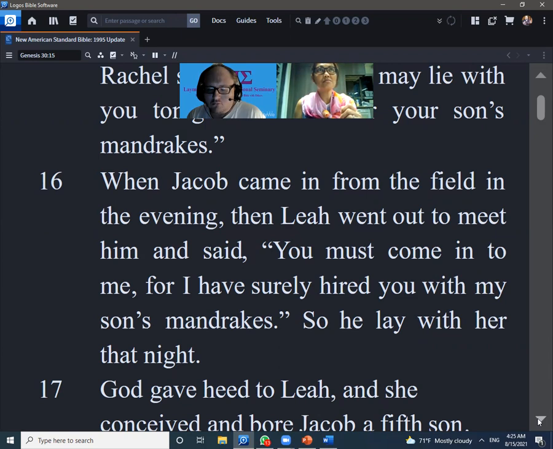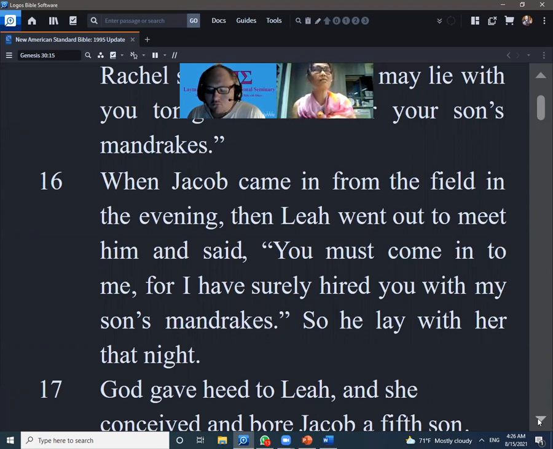It seems like what is happening with Leah and Rachel is the same pattern as Laban's: okay, I will give you Rachel if you serve this long, and then he didn't give Rachel, he gave Leah instead, right?